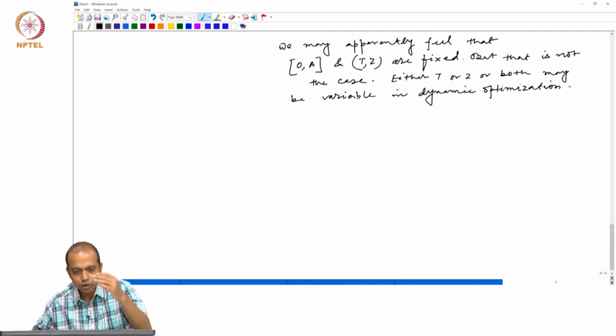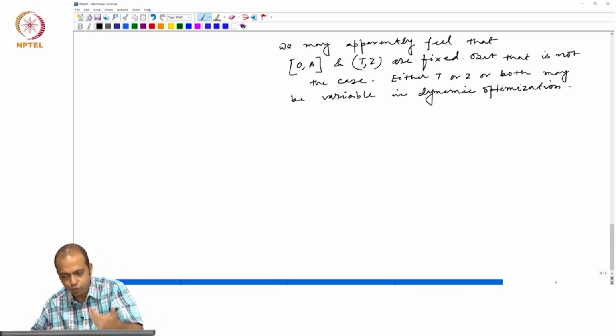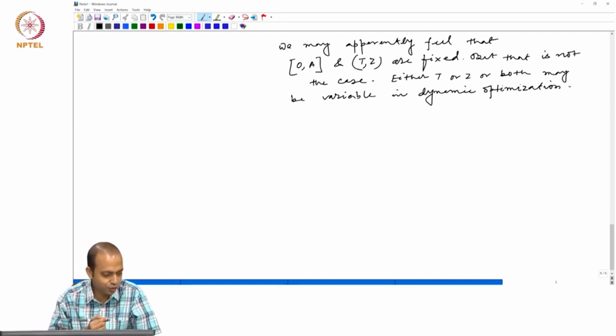And depending on whether T or Z or both are variable, we will get different contexts.